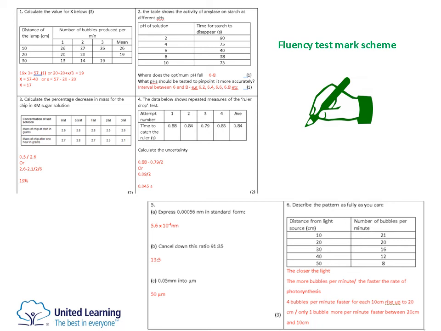Whichever one's quickest, it's anywhere between 6 and 8. How could we pinpoint it more accurately and not just say between 6 and 8? We need to do more specific intervals, closer together intervals like my examples there. Make sure that if you say you need to do more intervals, then you give specific examples just like I have.